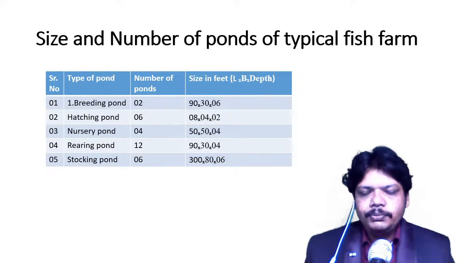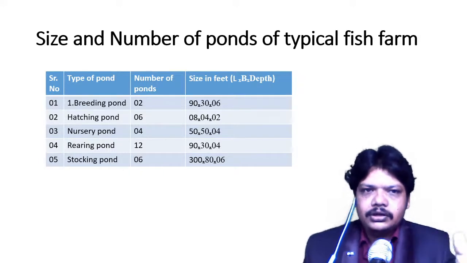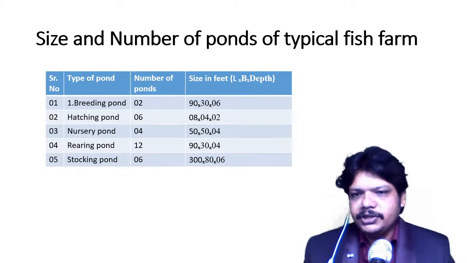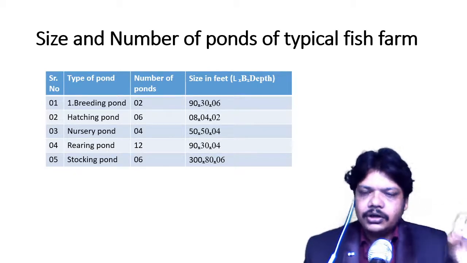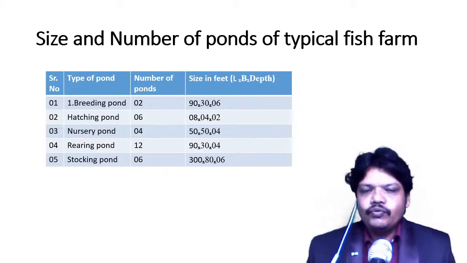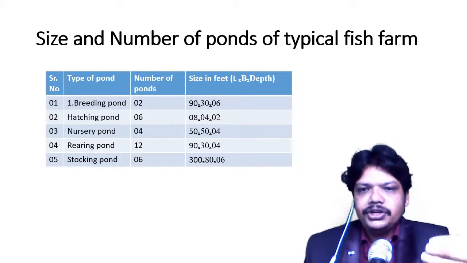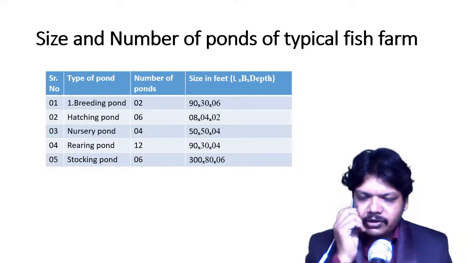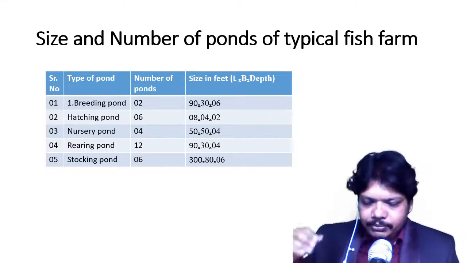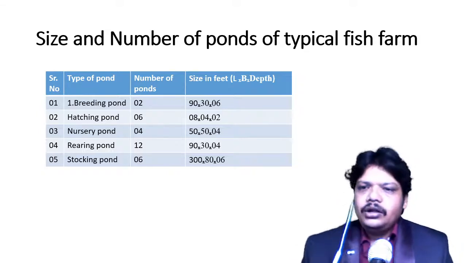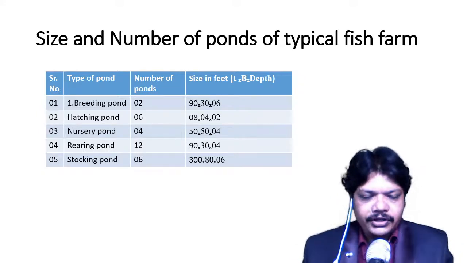We should be ready for that seed production. After 5 days, 10 days or 15 days, we have to produce that amount of seed, so we are able to fulfill the demand of that customer who wants to buy the seed. That's why the breeding pond is very essential.